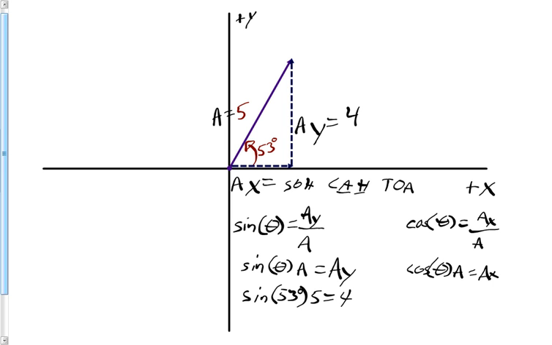And again, putting in our values, the cosine of 53 degrees times 5, that will give us 3. There we go. So I've broken it down into its x and y directions. And that's all you need to do for that one vector.